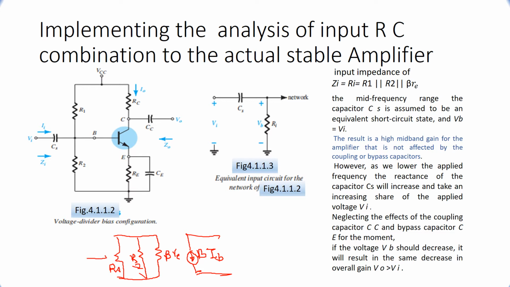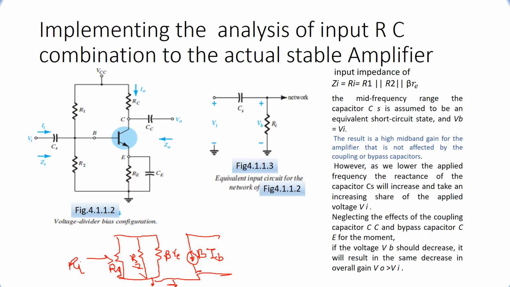So this is the input resistance, this is R1, and this is Ri. When we are considering the effect due to CC and CS, all the other capacitors, CE and CC, are short circuited, so they don't appear here.